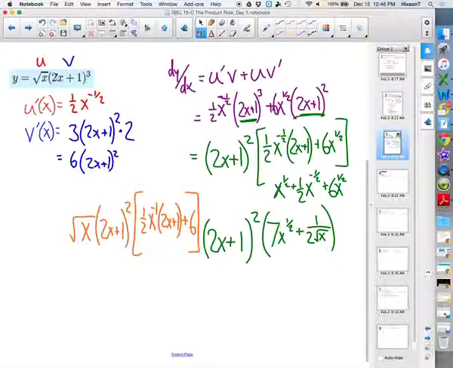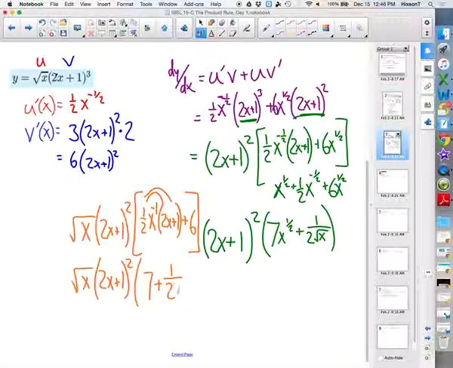Then when you distribute again, you would still want to distribute here, but you have the root x, 2x plus 1 squared times, this is going to be just 1. 1 plus 6, you'll have the 7, plus 1/2x.